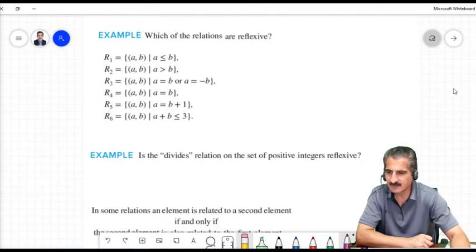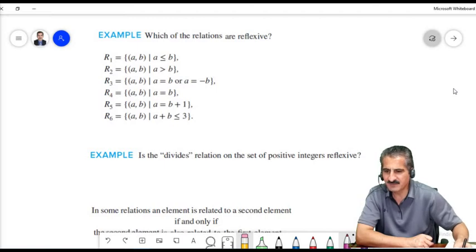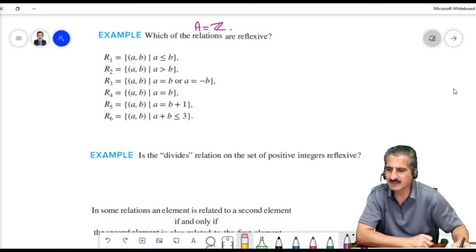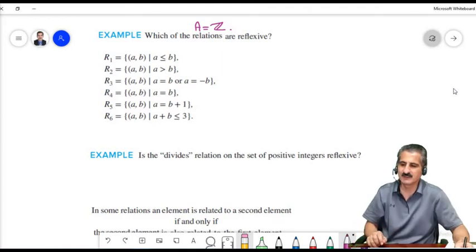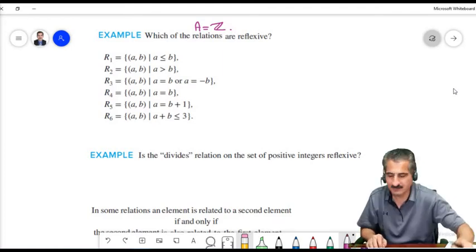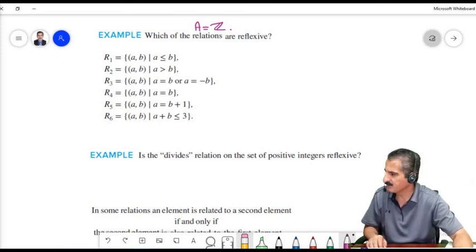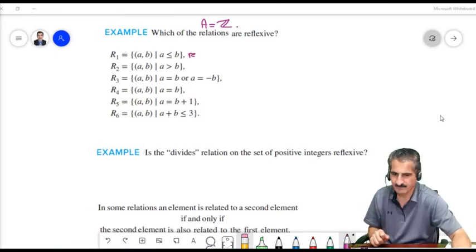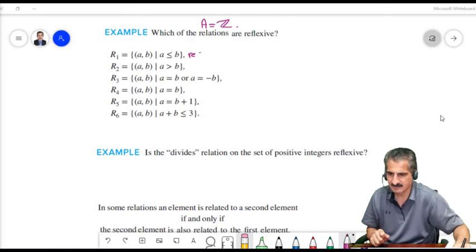Now, which of these relations are reflexive? And our set here again is the set of integers. In R1, is every integer less than or equal to itself? This is reflexive, true.